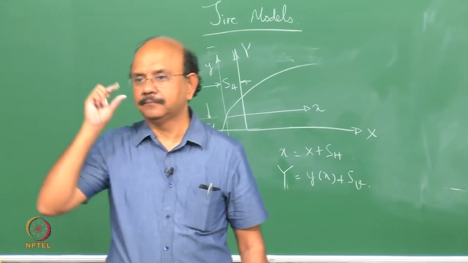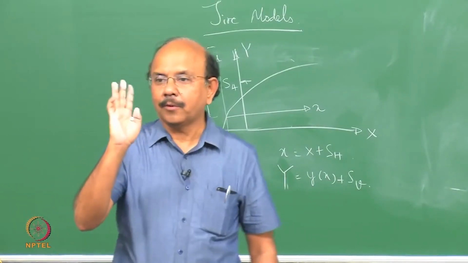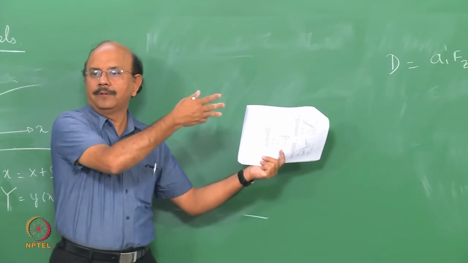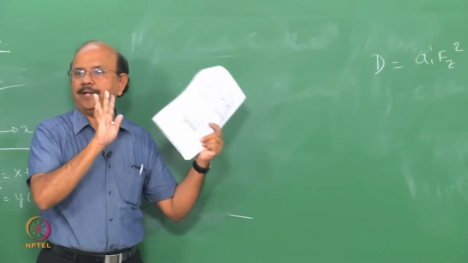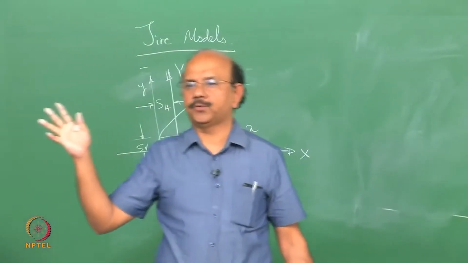How can we say BCD are independent of x? No, no. When I said B into C into D, that is the initial slope. That's all I'm saying. dy by dx at x equal to 0 is BCD. They don't depend upon x, y, z.